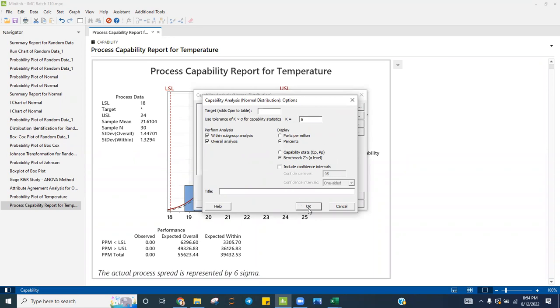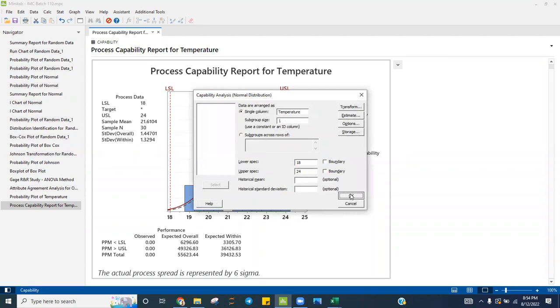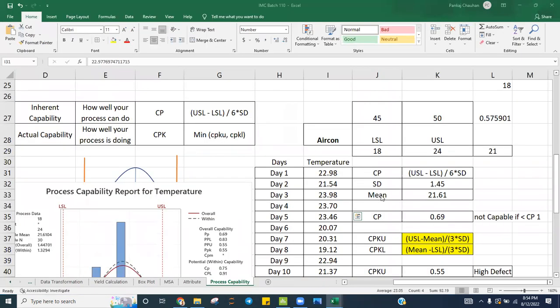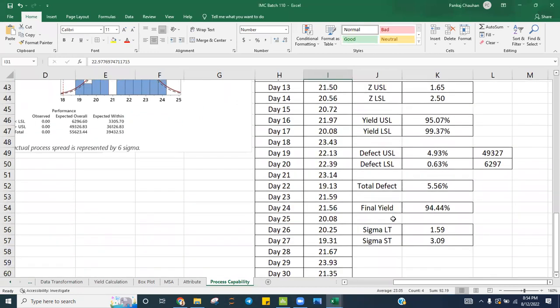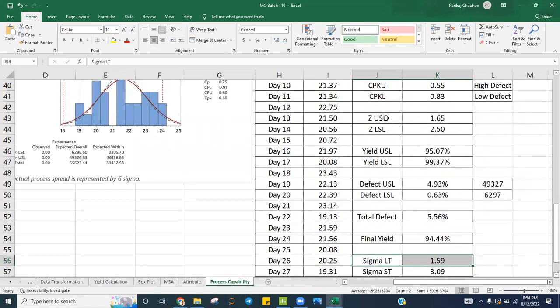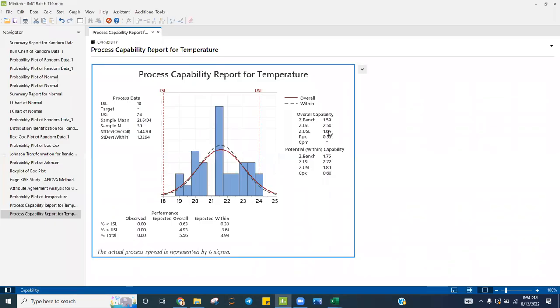And if you click on OK, you will be getting the sigma value here. How much? 1.59, 2.50, 1.65, which is as good as what we have calculated. So you see 1.59 overall sigma and 1.65, and the 2.5 is the USL and LSL, which is listed here.